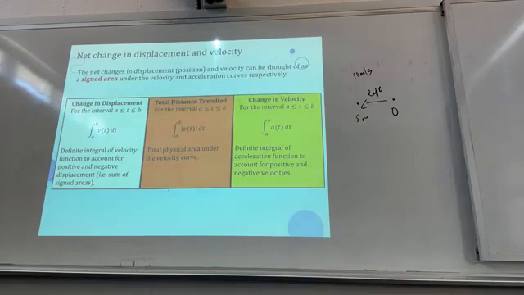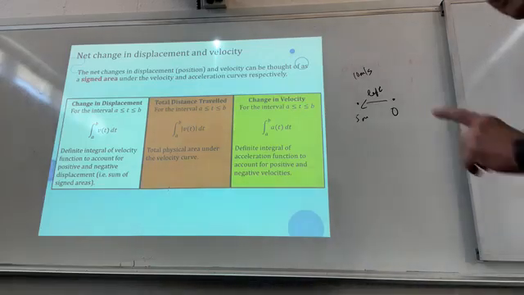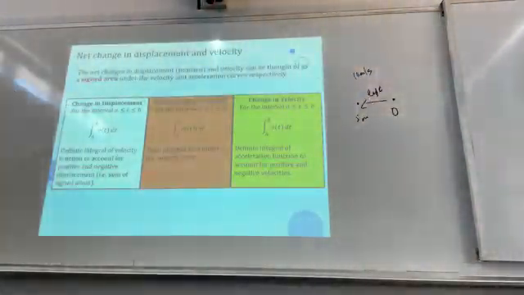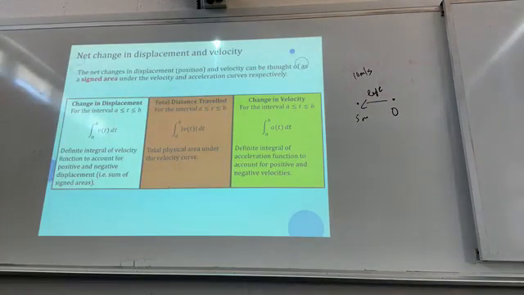Alright? So displacement. Remember I said displacement has a sign. So displacement could be positive, could be negative. Velocity could be positive, could be negative. Therefore, the idea of signed area is very important because you've got a positively signed area and negatively signed area.